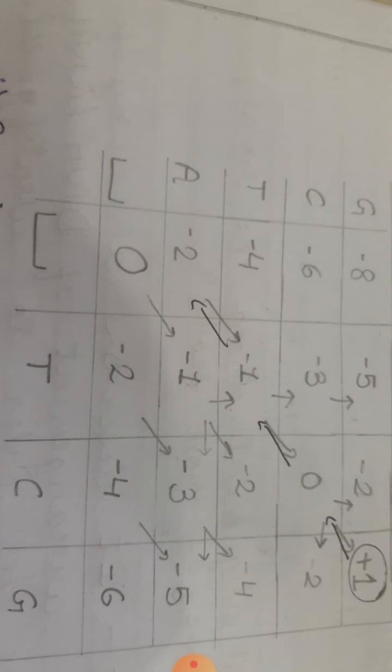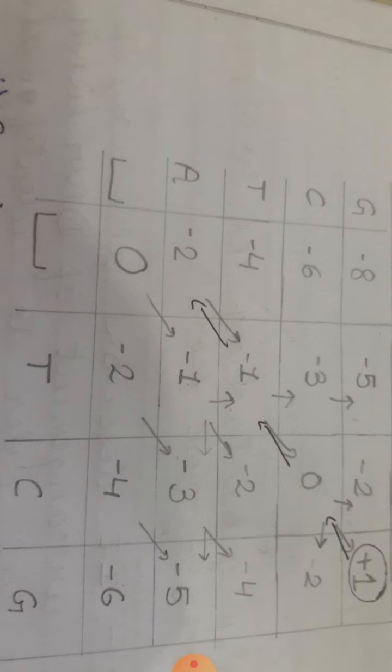Now when we came to -2, stop there. Our trace back process is completed because we traced the path. So our second step, that is trace back, is also over.